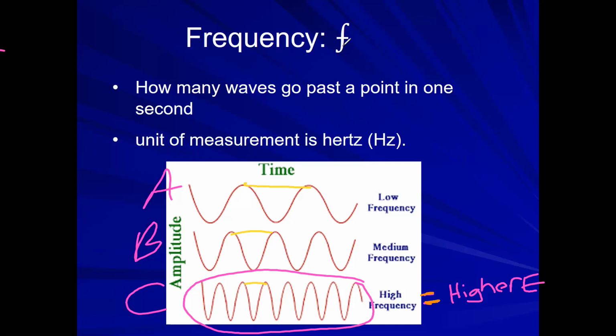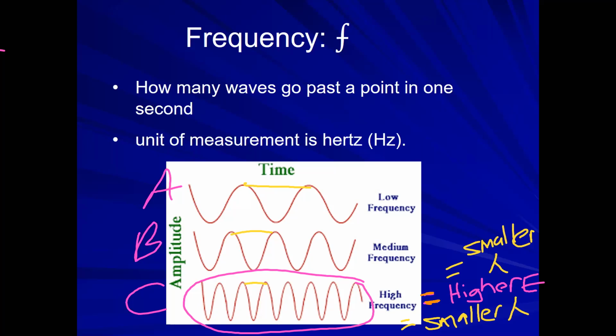So a higher frequency equals a higher energy and a smaller wavelength. I'm going to use my lambda: smaller wavelength. Oh, you guys can't see that, huh? Cool.